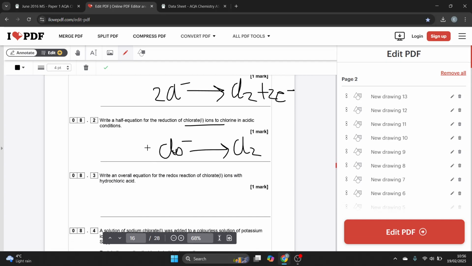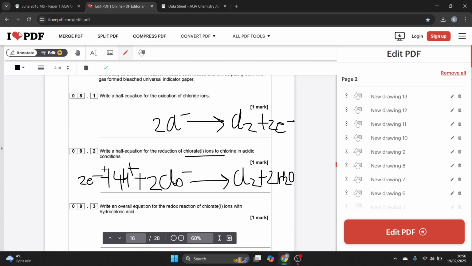So I need 2 here. Then I need 2 H2O here. Then I need 4 H pluses here. And then I need 2 e minuses here. Is that correct? Cl2, Cl minus, 2 Cl2. I need 2 there definitely. In this case, I don't need to times the equation by anything.